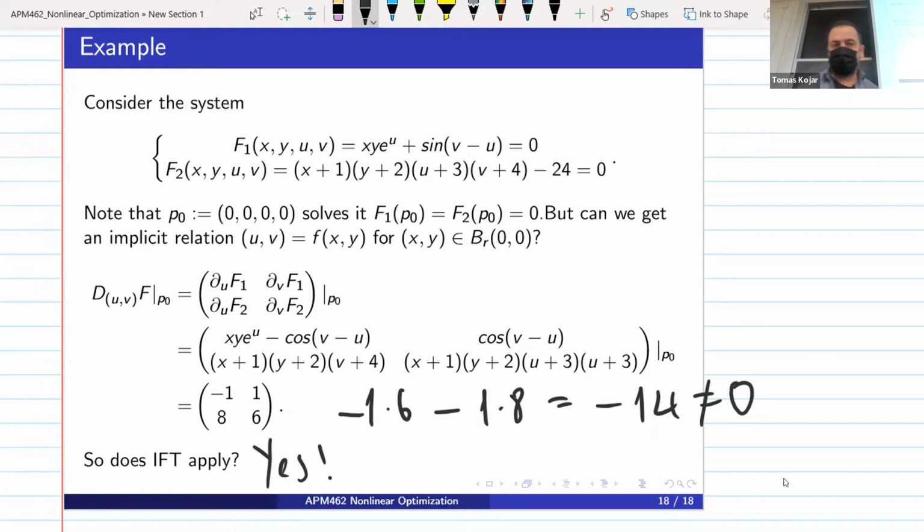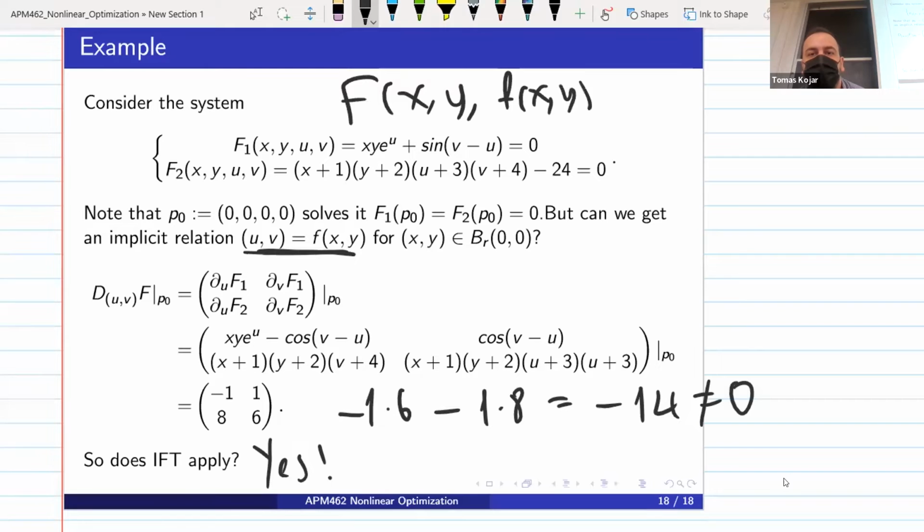Remember our original problem is to optimize over x, y, but here you only have to optimize over f of x y. So it became g of x y, just two variables.